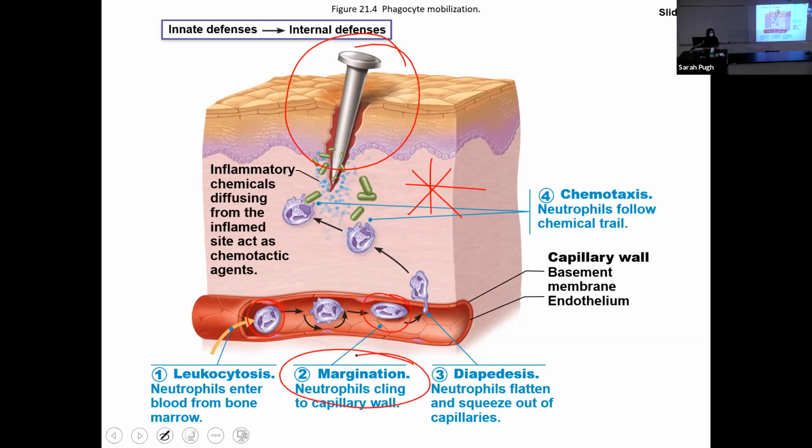That's called margination. They're going to squeeze through the wall of the capillary. That's called diapedesis. And then they're going to follow all those little blue chemicals out here. Those are inflammatory chemicals. They're going to follow those chemicals, and that's how they know where to go. And they're going to start gobbling up any bacteria or foreign organisms that got in the area.